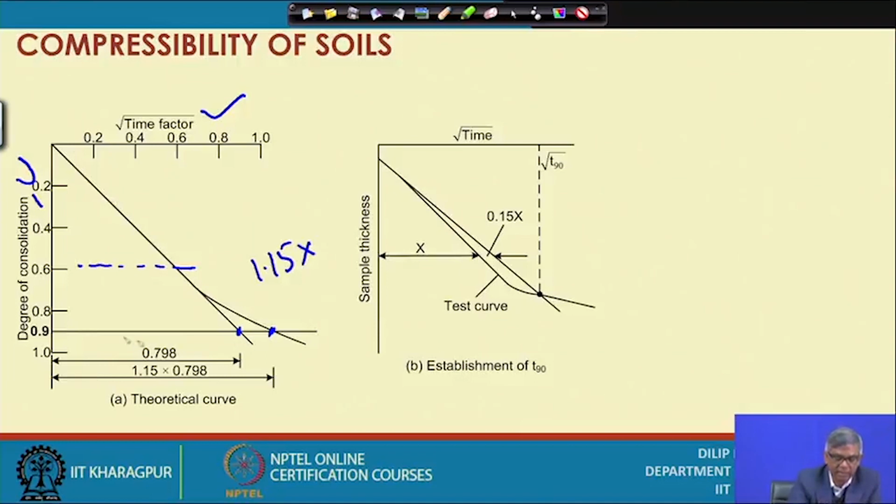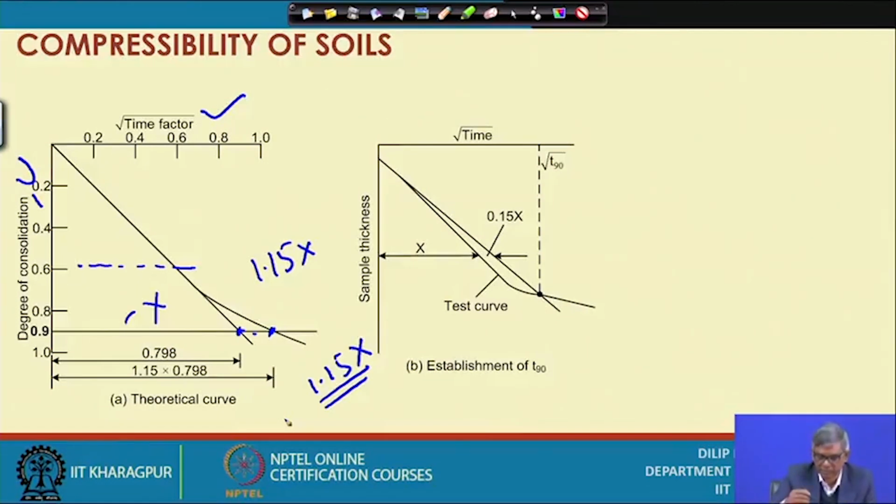If we extend the straight line up to 90% and read a value, suppose x, then the actual curve at that point will be 1.15 times x. So, this is the important observation to be utilized to find out the coefficient of consolidation Cv.